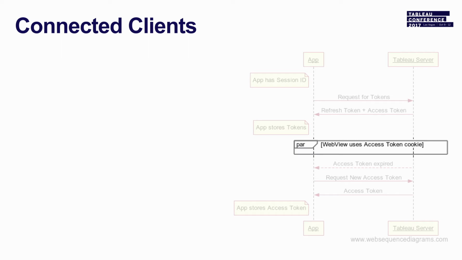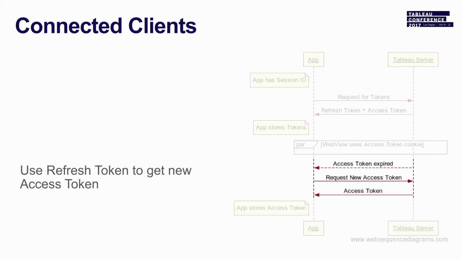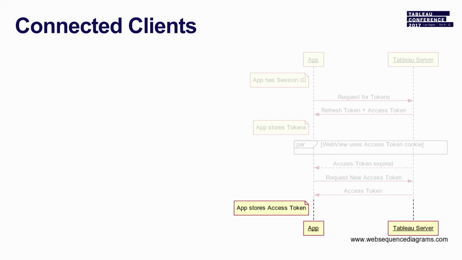The web view, when looking at a viz, uses the short-lived access tokens to authenticate. Those will eventually expire. When they do, we can use our long-lived refresh token to get new short-lived access tokens. We then store off that access token again so we can use it later.